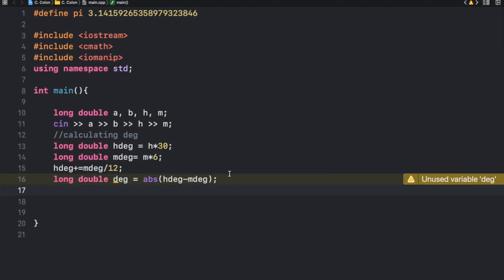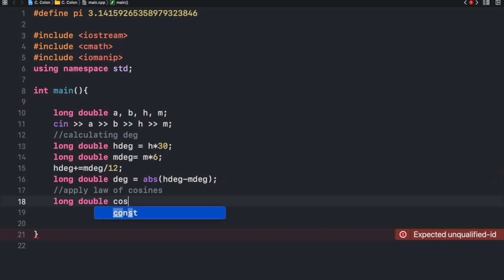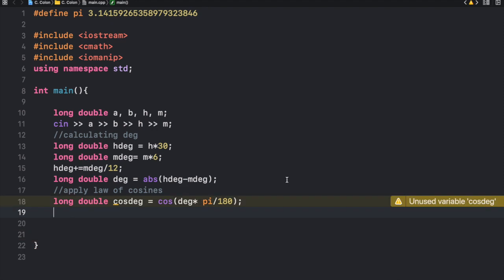After this, we want to start applying the law of cosines. In order to apply this, we can create a long double. We can title it cos deg, and we can set this equal to the cosine of deg times pi over 180. Then remember, in our formula we had a squared plus b squared minus 2ab times the cosine of c.